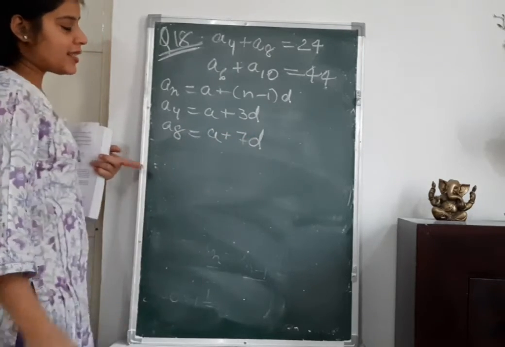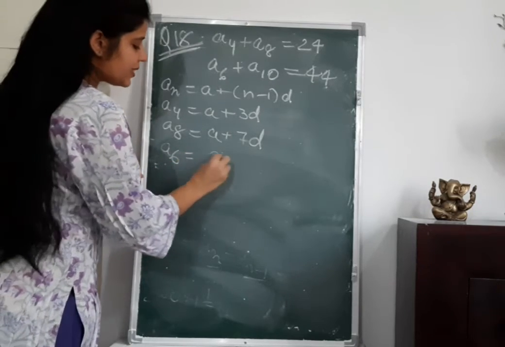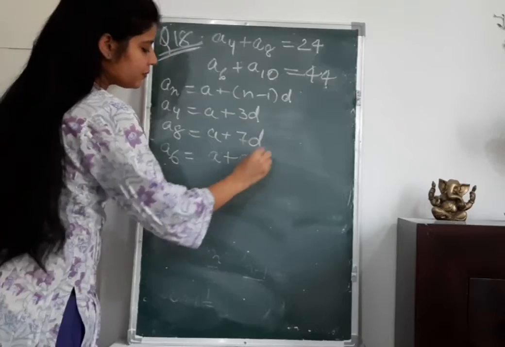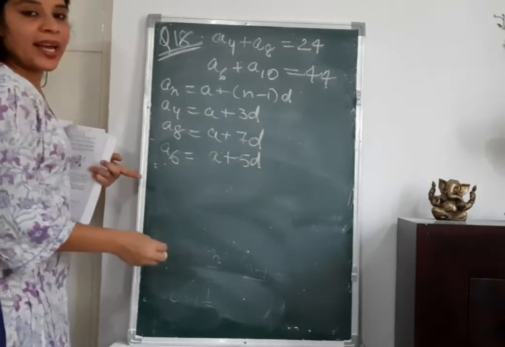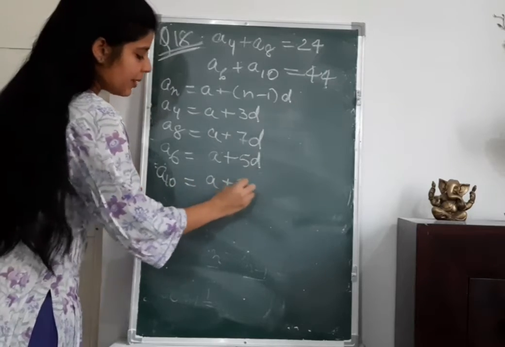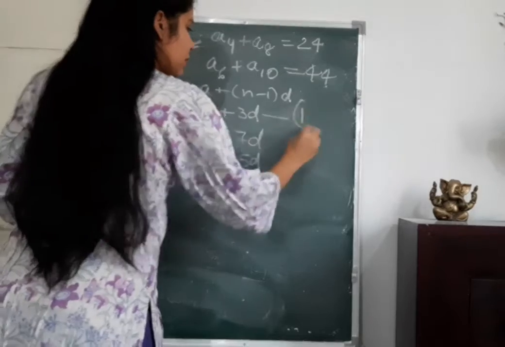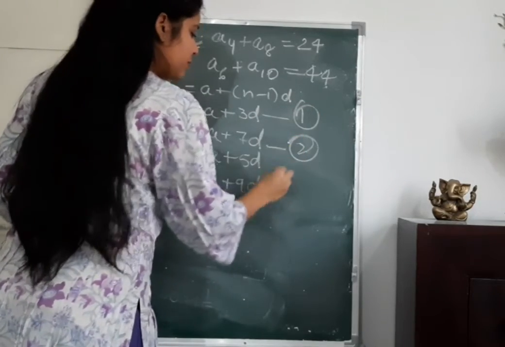When I am putting n as 6, I will get A6 as A plus 5D. And if I am putting n as 10, I will get A10 as A plus 9D, right? Let's name these equations.